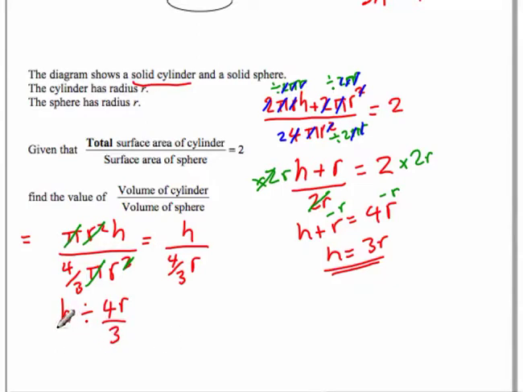And then I'm going to change this to a times. I'm going to put this as an over 1 to make it look like a fraction. So we can treat this as the way that we divide fractions. We do that by changing this to a times, and then we flip this one over, don't we? So this will be h over 1 multiplied by 4r over 3.